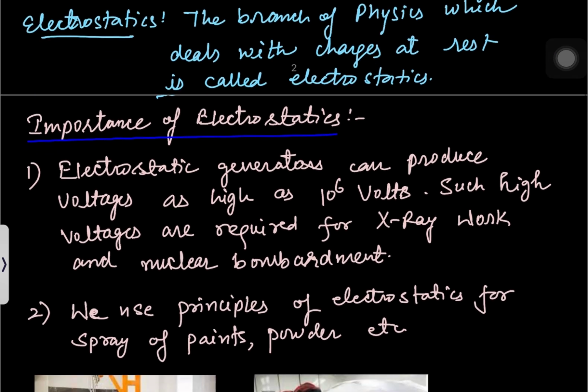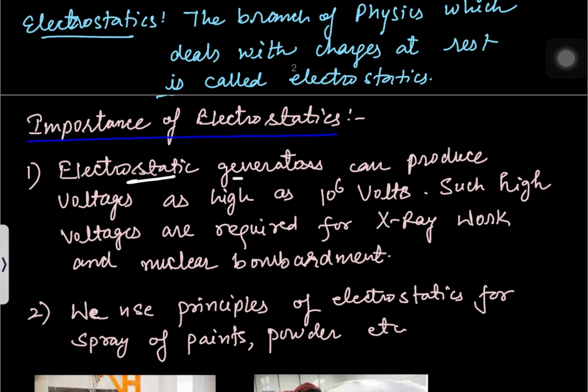Now, what is the importance of electrostatics? Why do we need to understand the concept of electrostatics? Why are we reading electrostatics? क्यों पढ़ रहे हैं? Because it has several importances.